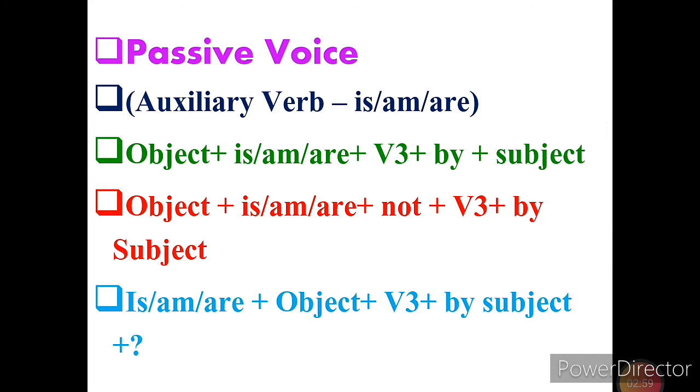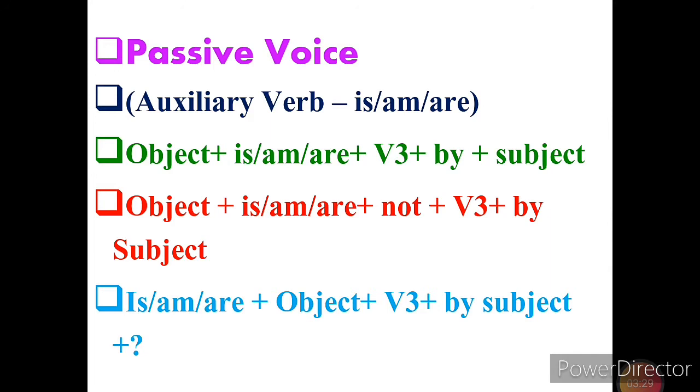So in the passive voice, the structure is like this: object, is, am, are, followed by past participle, preposition by, and object.